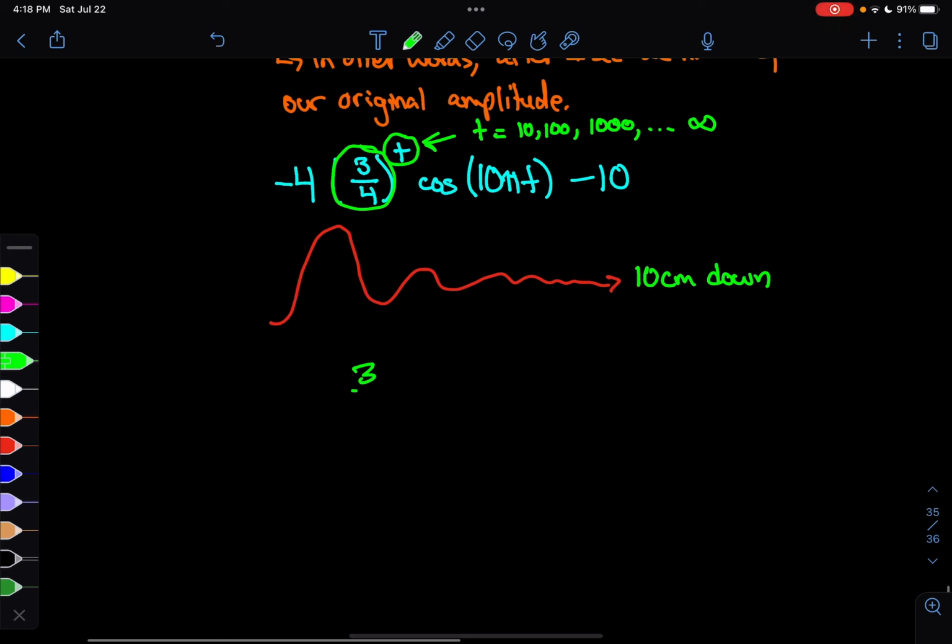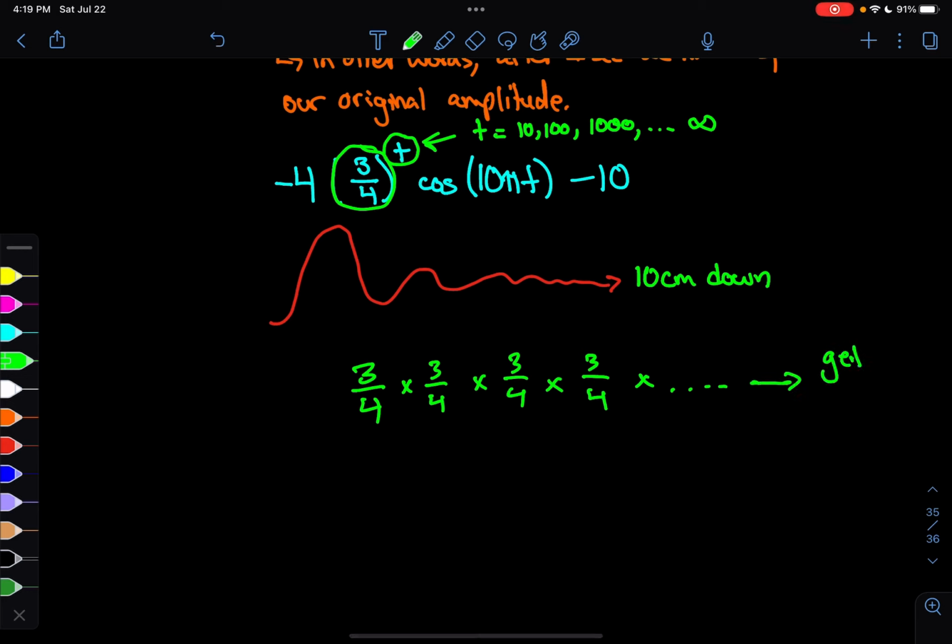What happens if you take 3/4 and multiply it by 3/4, and multiply it by 3/4 again, and again and again? Break out your calculator, try it out. You'll notice that it is getting smaller. Eventually, if you do it enough, this thing is going to go to 0.